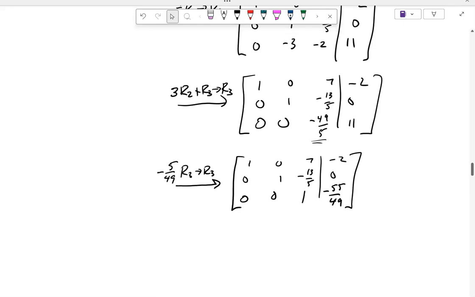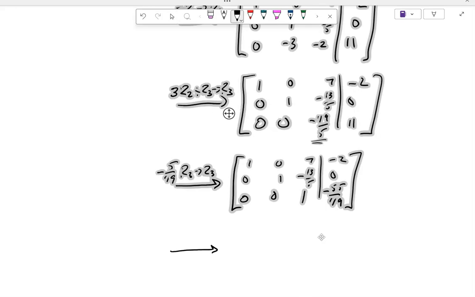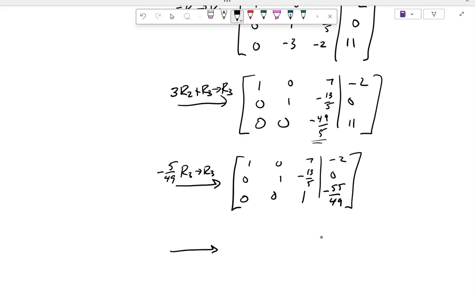Got a 1, got zeros, got a 1, got zeros, got a 1. Get zeros, right? So I need to make both of these entries now 0. Okay? Let's work on the 7 first. What do I need to add to 7? -7. So what operation do you think we're going to do to make that a 0? I need to add a -7 right there.